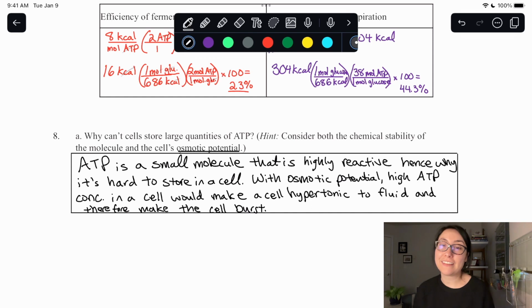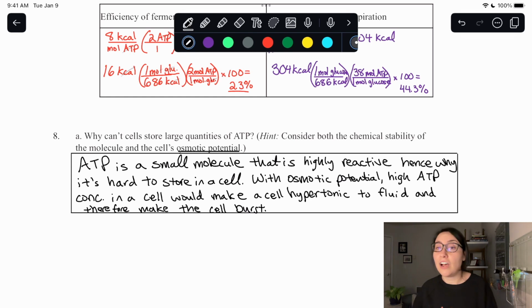But basically, as I was saying, it is really fine to have said what I said to begin with, which is the cell was going to burst because it's just too much in there. But give it a little bit more and say because it is a small molecule, due to what we remember a little bit about Gen Chem, it's going to be reactive, which means it's going to have a lot of energy.